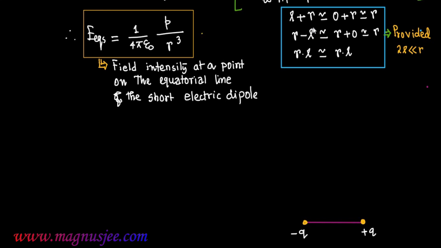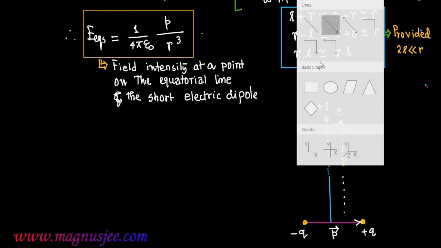This is a short electric dipole consisting of minus q plus q charge. Vector P is the electric dipole moment vector. We can draw, this is the equatorial line, and this distance small r is much greater than the length of the dipole 2l. r is the distance of the point C from the axial line of the dipole.